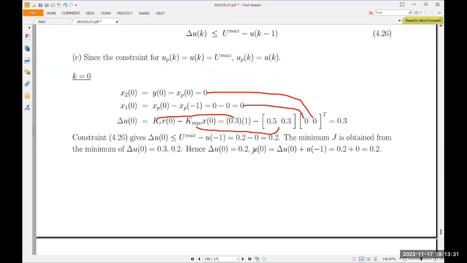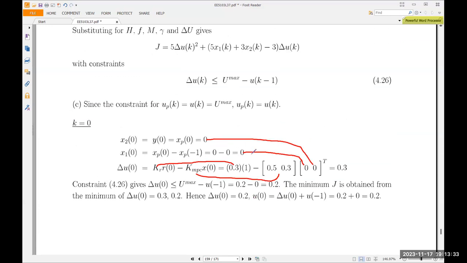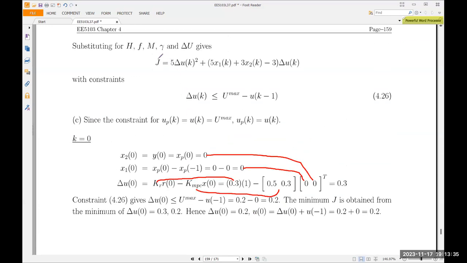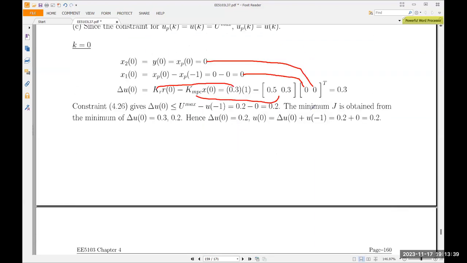So in practice, you throw this quadratic programming problem into MATLAB. It will compare 0.3 and 0.2, and tell you, okay, the minimum should be 0.2. So it will take this, then throw back to you, your delta U is 0.2.